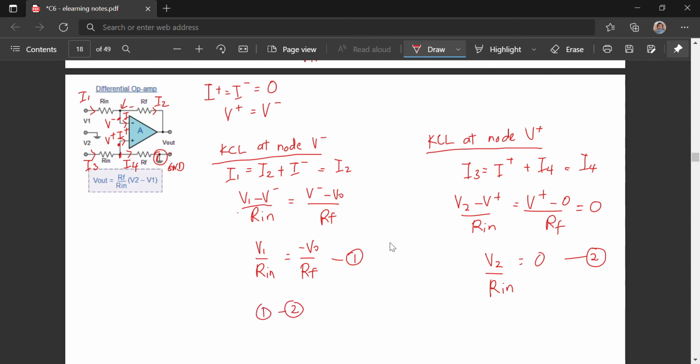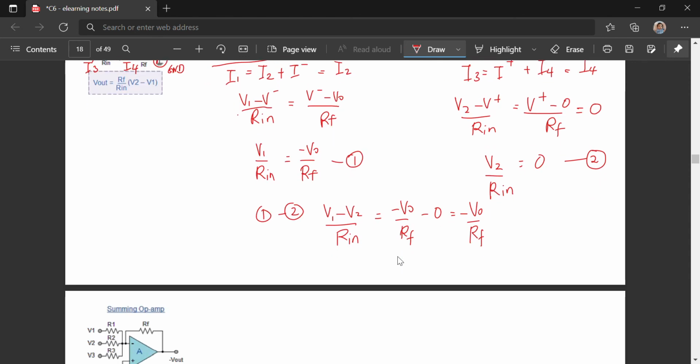We have V1 minus V2 over R in equals minus V out over R F minus 0, so equals minus V out over R F. Here we want to take the value of V out, so we bring R F to the other side.